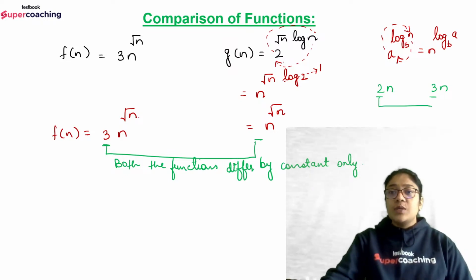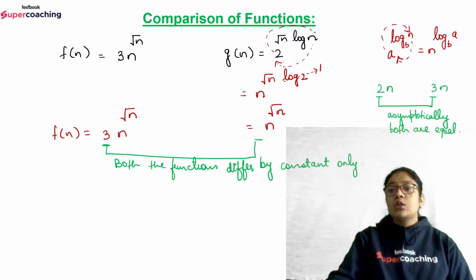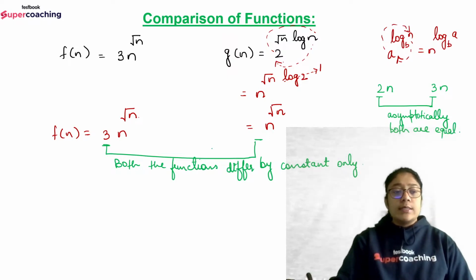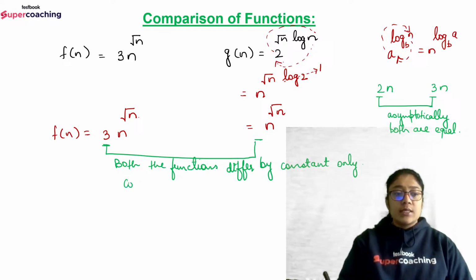So in this case, we said that asymptotically both are equal. That means we can ignore the constant, so both are equal. Same goes here. We have not applied anything here. So this means that the constants can be ignored.